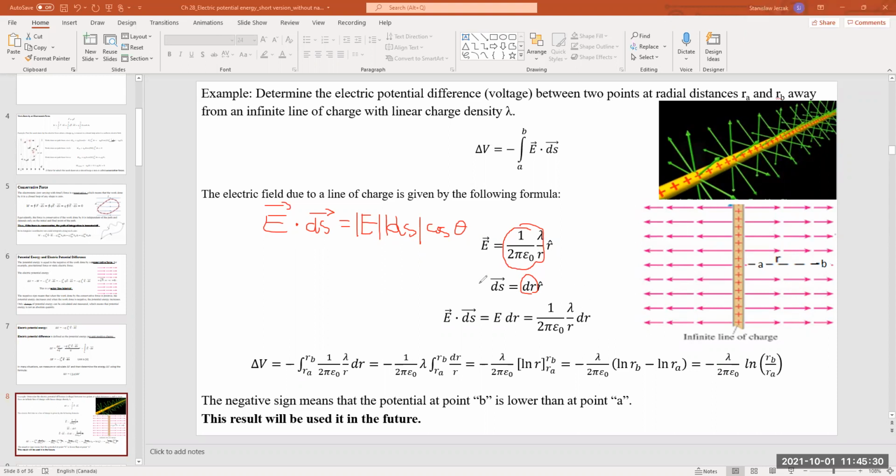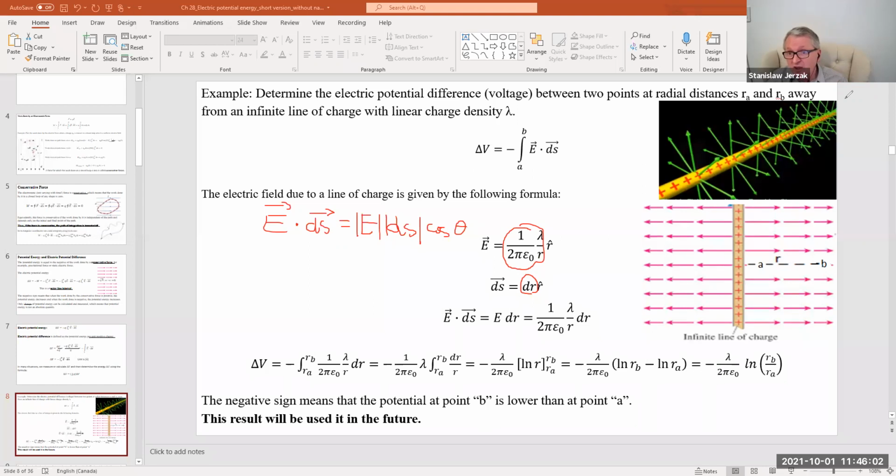Okay, thank you. In the future, probably next week on Friday, I will introduce spherical and cylindrical coordinates, and we'll calculate electric potential difference between two points for more complicated cases using them. Why did I mention cylindrical coordinates?